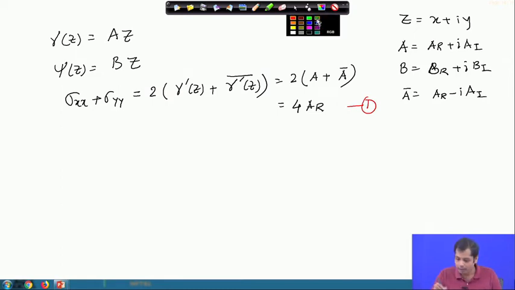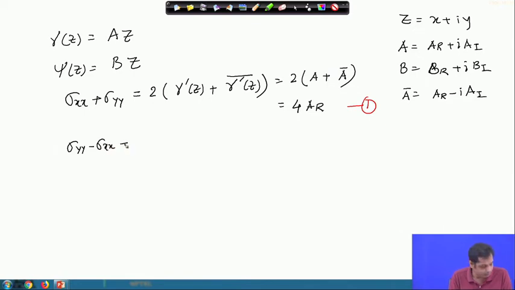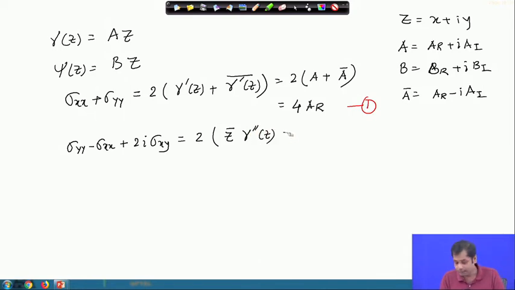Okay. Now, the second equation, if you recall, was sigma yy minus sigma xx plus 2i sigma xy, and this was equal to 2 into z bar into gamma double dash z plus psi dash z.